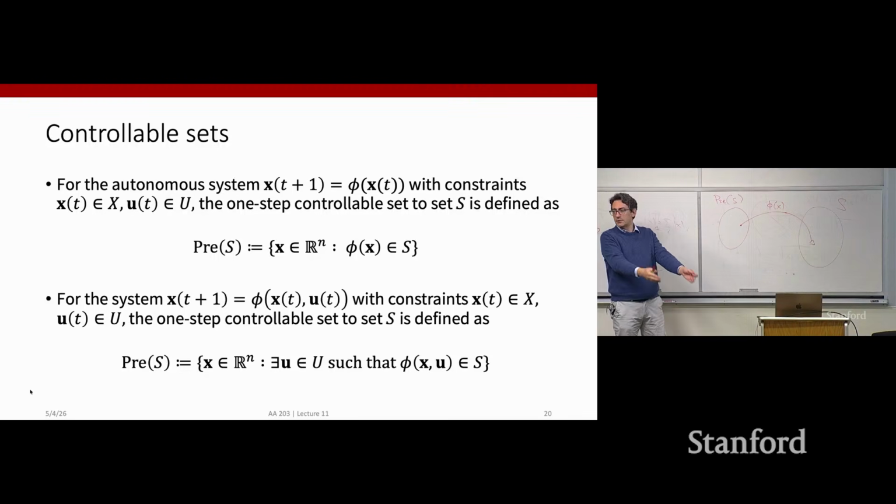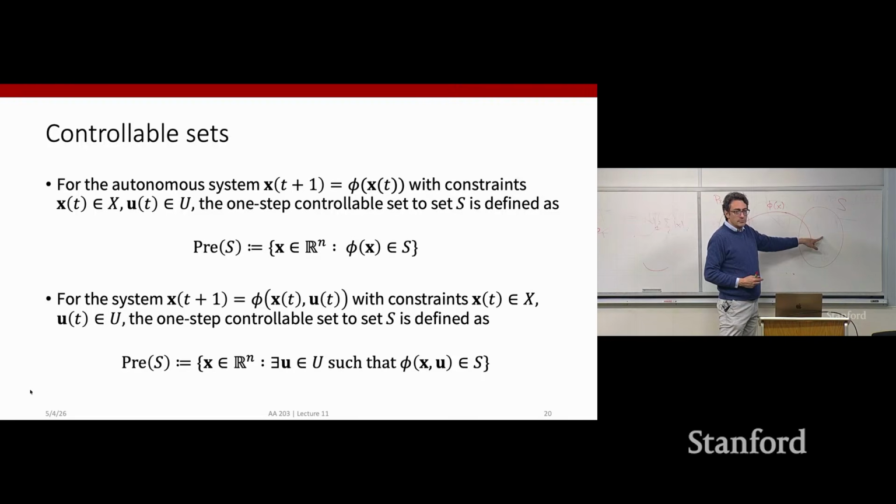So you're given a set, and you're trying to answer the question, what is the set of states such that after one step, under the natural dynamics of the system, I land in S.